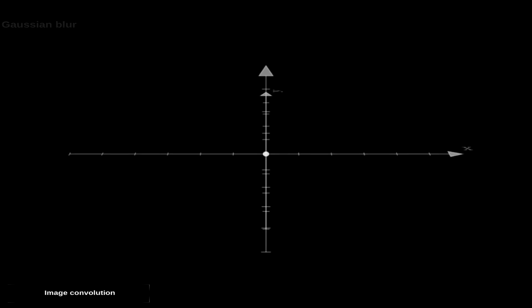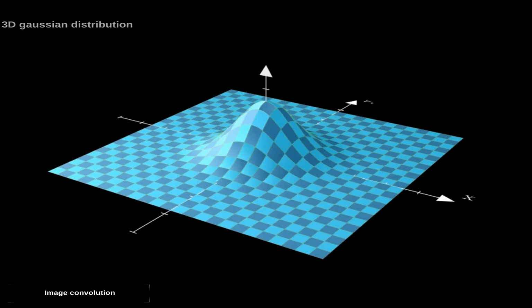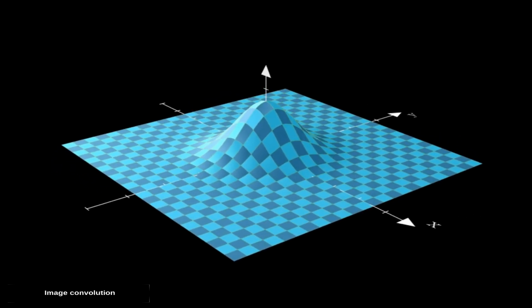Remaining on the topic of blurring, my personal favorite is the Gaussian blur. In this case, the kernel gets its value from a 3D Gaussian distribution. This makes the image very smooth and you don't get the blockiness of a box sample blur.